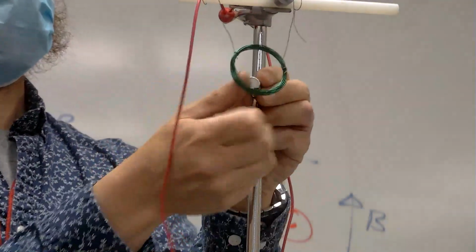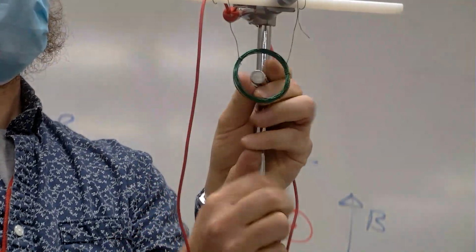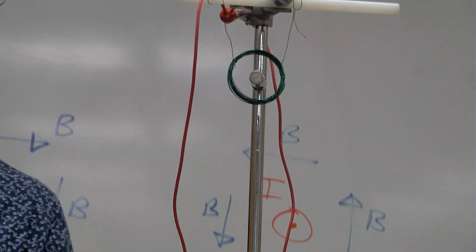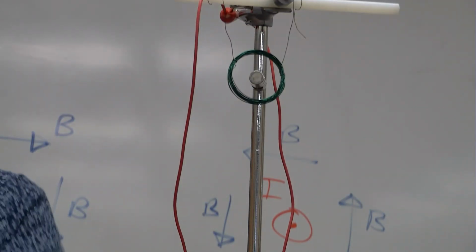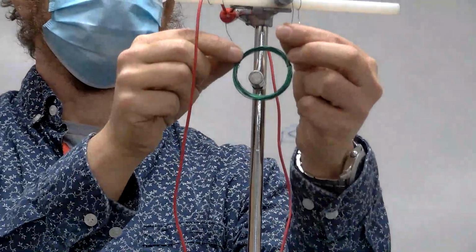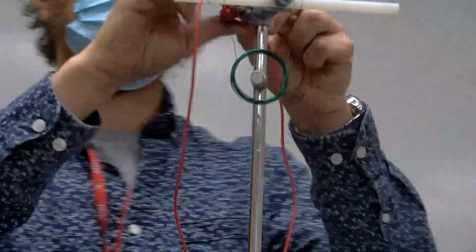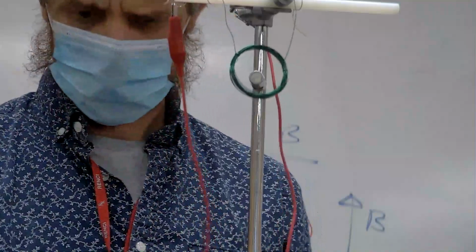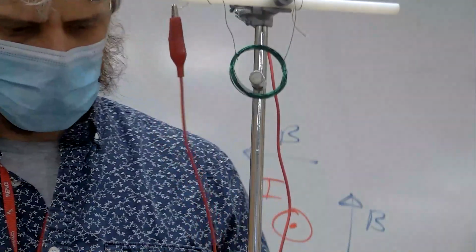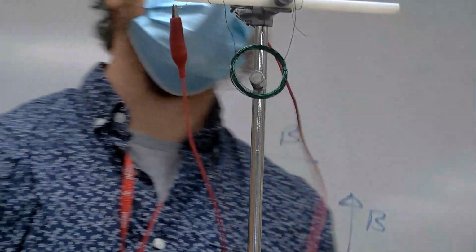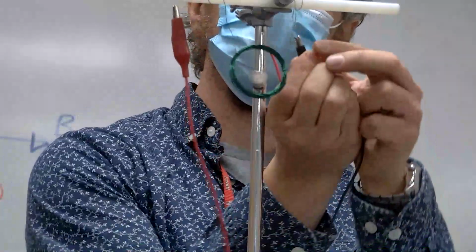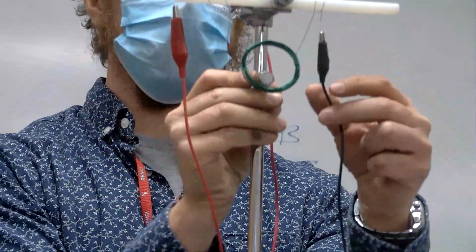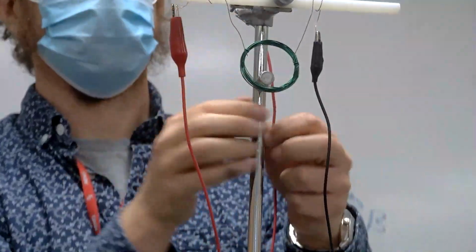Now the current is going to be moving around in the presence of the magnetic field that's pointing out towards you. But since I have a bunch more loops, I'm going to magnify the effect. So I'm going to have the current come in this side and go out this side. Because I have so many more loops, we should get a significantly larger effect, even though I took some of the magnets off.